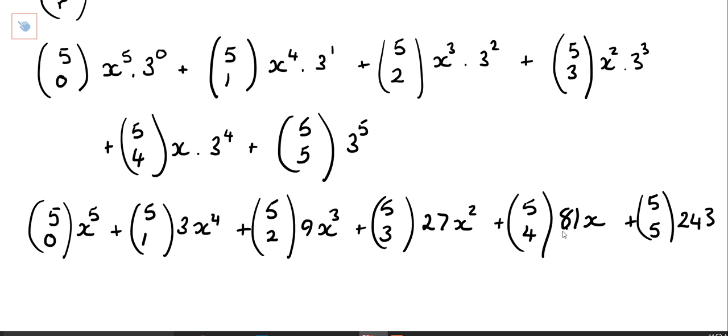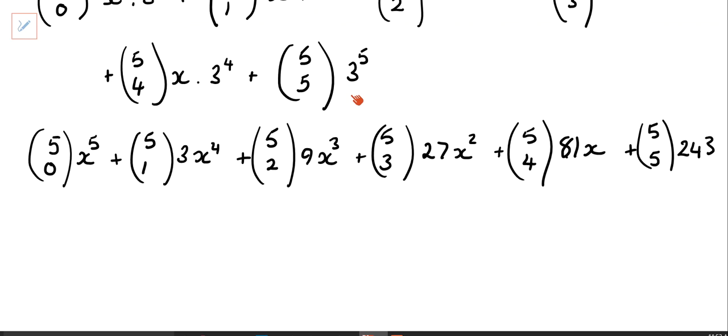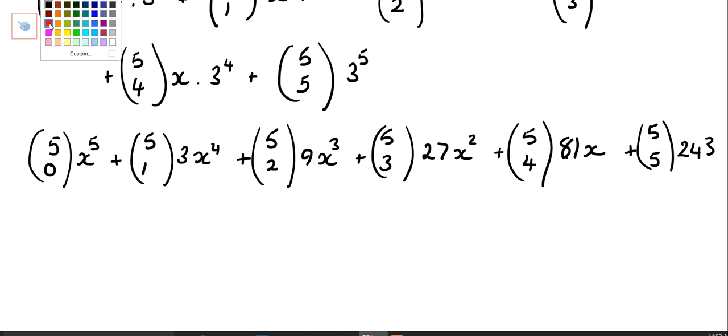So what we've got so far, and this is an important part to notice, actually: the coefficients 5C0, 5C1, 5C2, 5C3, we haven't worked them out yet. Some of them, however, are going to have a coefficient and another number, so the coefficient is going to end up changing. For instance, we know this one is 1, so our first term is x to the power of 5.